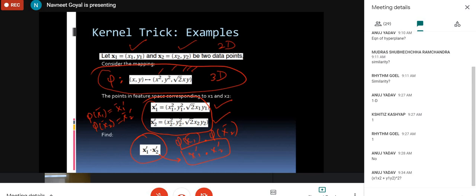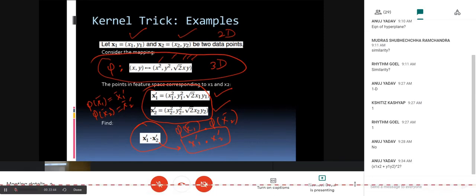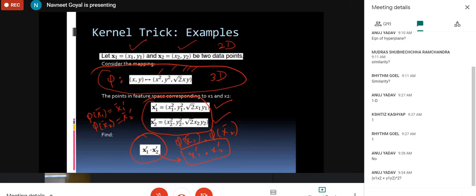Component wise, you multiply and add. That is how you do the dot product. So now I want you to rearrange this a little bit. Do some manipulation.